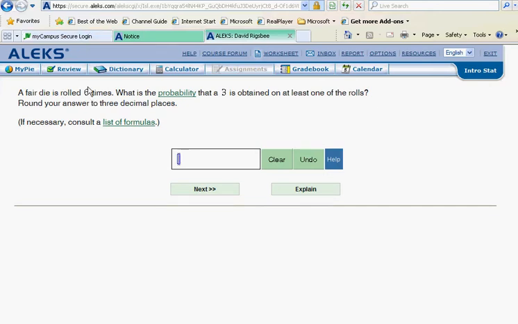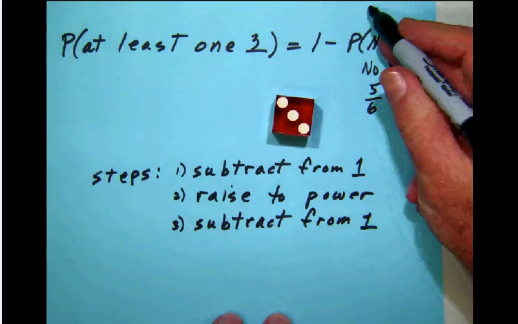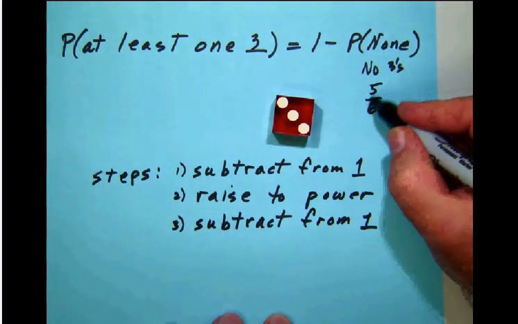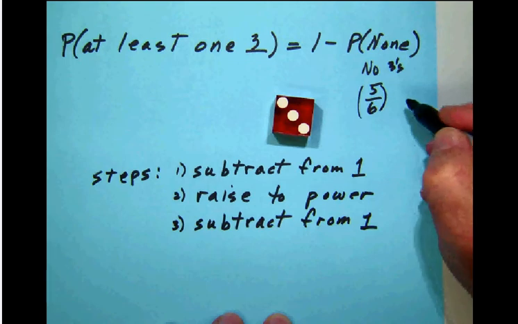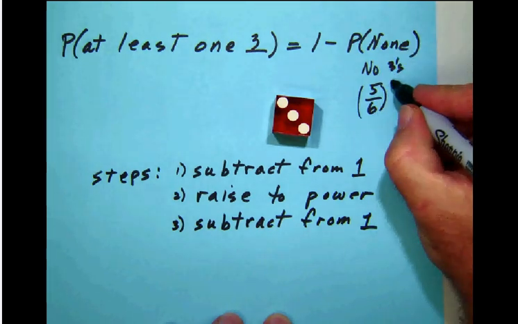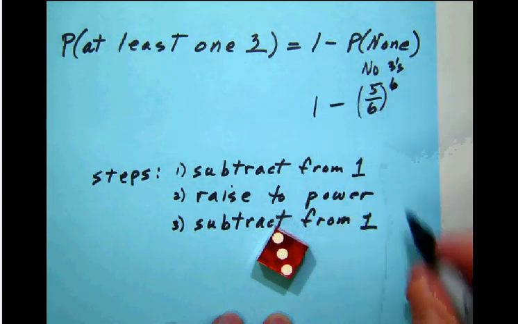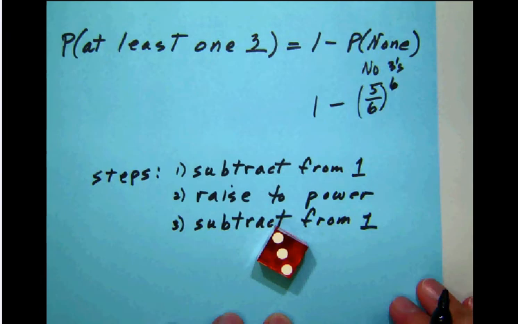So that means we're not going to get a 3 on the first roll, not going to get a 3 on the second roll, not going to get it on the third, fourth, fifth, or sixth rolls. And so once again, we know that this is a type of independent probability. So we're simply going to take the probability of not getting a 3 and raise that to the 6th power. Consequently, what we're going to end up doing is taking 1 minus 5/6 raised to the 6th power.